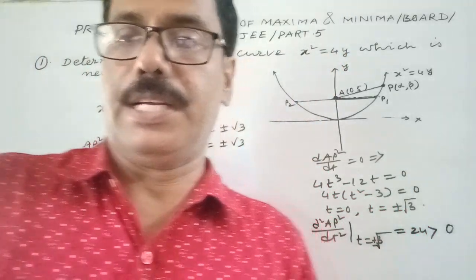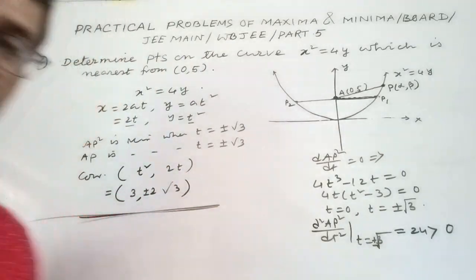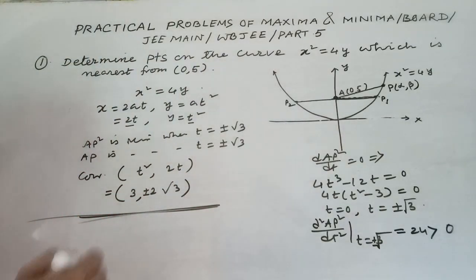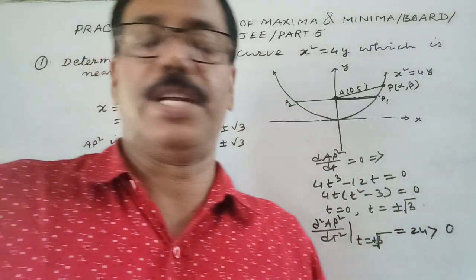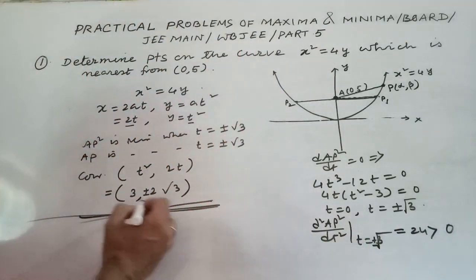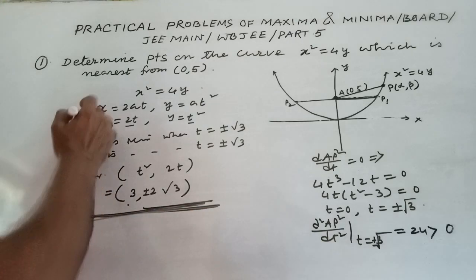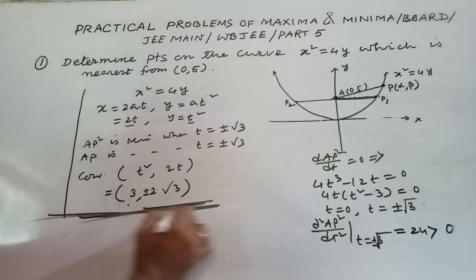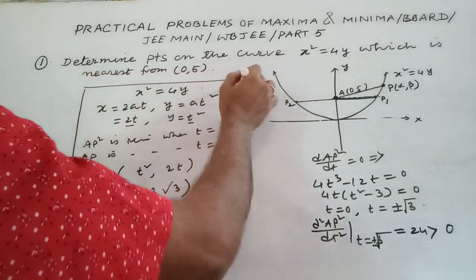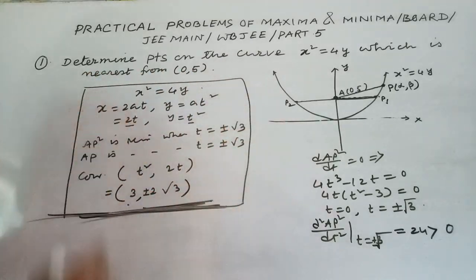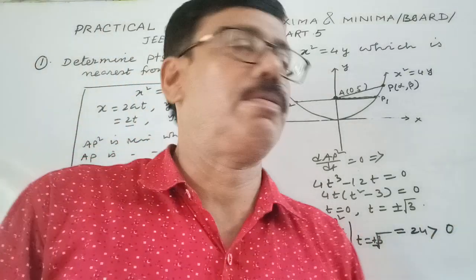Using parametric equation, you get the value of t. If you use parametric coordinate, then it will be in terms of a single variable.